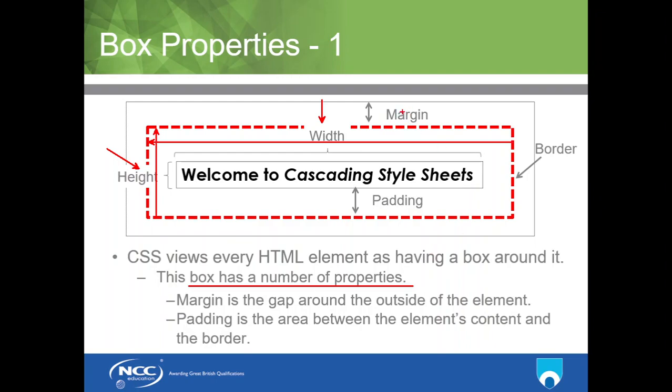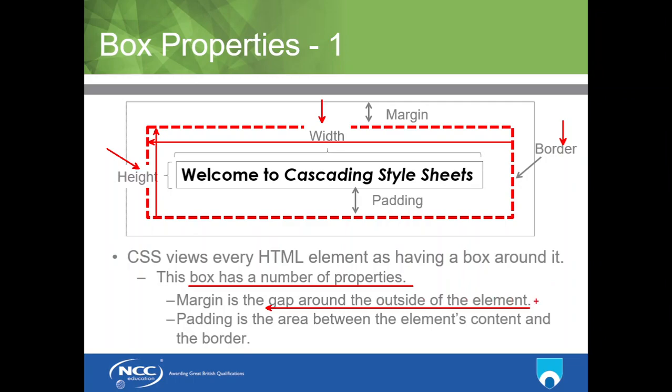Then we have the margin. Oh, let me talk about the border first. Border. So this is the border. Then we have margin. Margin is the gap around the outside of the element.